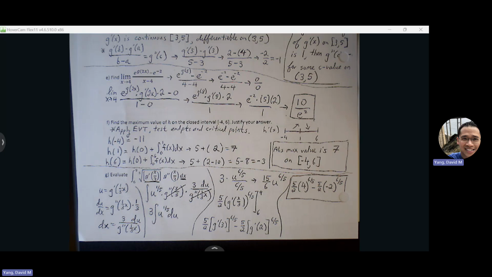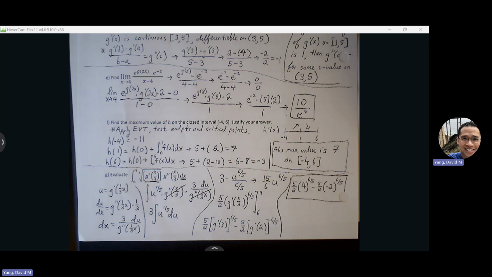You can leave the 15/6 u to the 6/5 in this form, plug the 6 and 9 into g prime of 1/3 x, get that associated u value, and then use those u values to plug in. I think it'll end up being 4 and 2, or 4 and -2, and it'll get you from here.